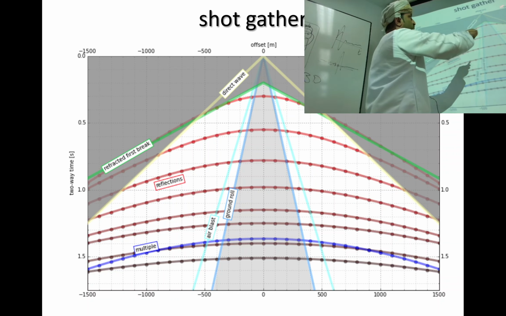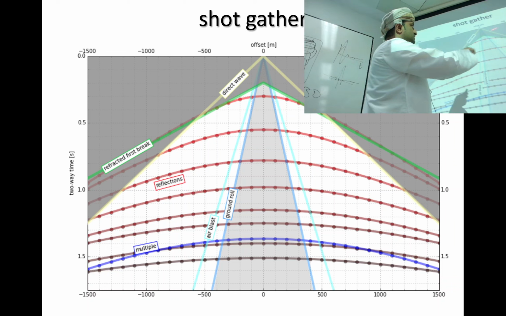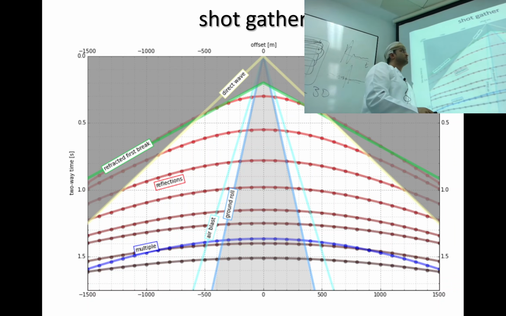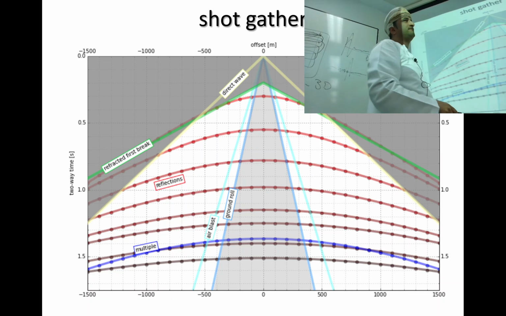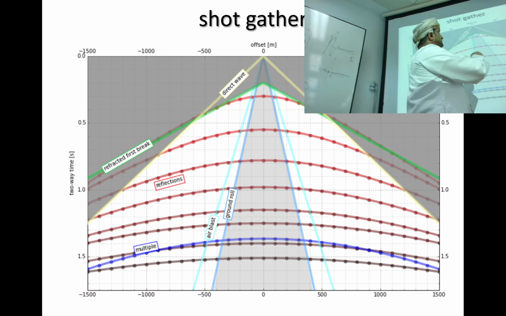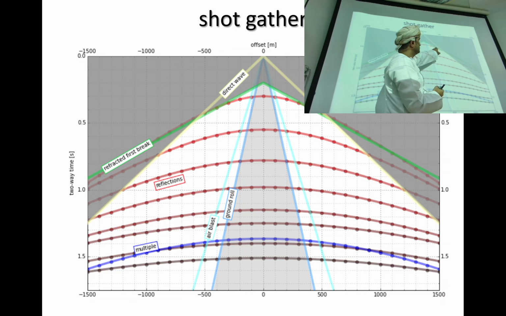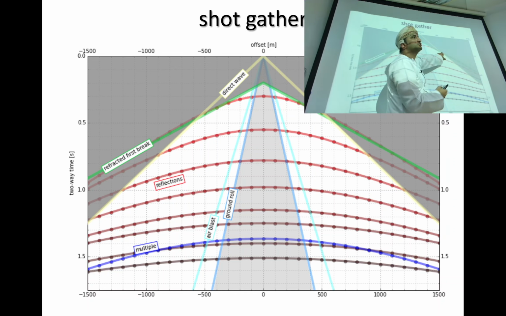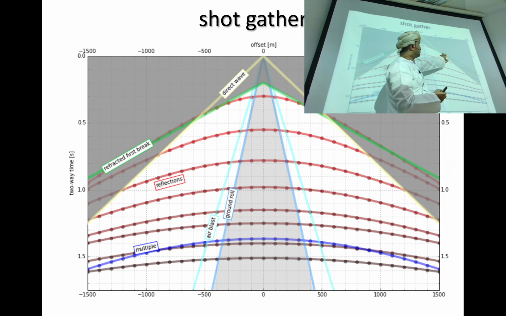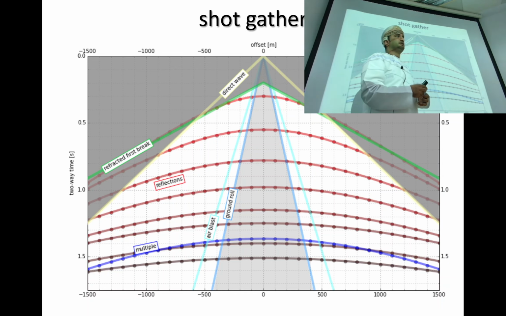I have geophones on both sides. What is the green? Refracted. The critical angle is somewhere here. What is that distance? Crossover, yes. Refracted comes before the direct.